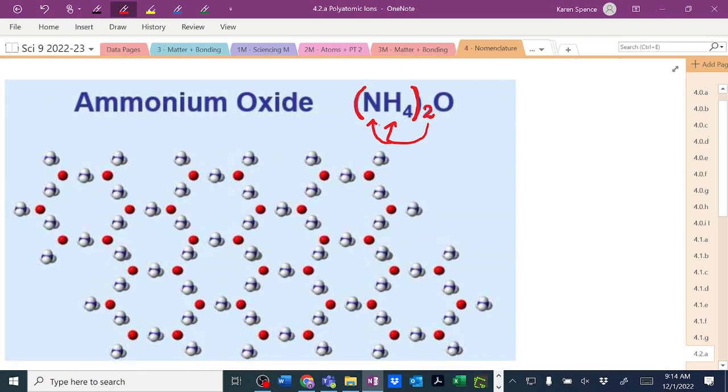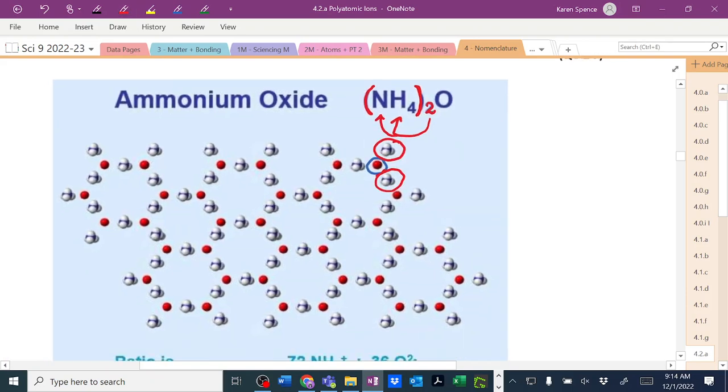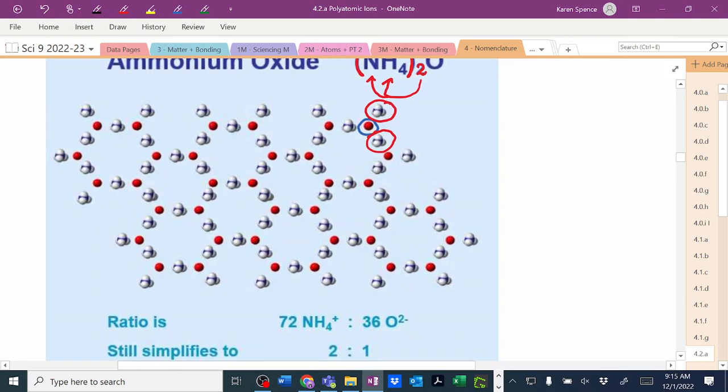So you can see that for every one oxide, here's an oxide, we have 2 ammoniums. Yeah, and if you were to go through and count all of these, you would see that we count up 72 NH4s and only 36 oxygens, which if we do the division, that's a 2-to-1 ratio. Okay.